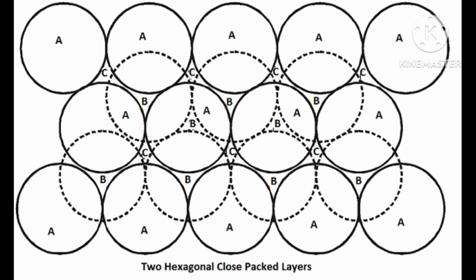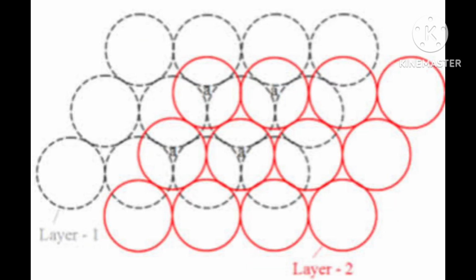Octa means 6. Octahedral means 6 spheres, 6 atoms. Then how will you understand these things? See, by diagram it is very difficult to understand. I will try to send the diagram, but it is not very helpful, though we have to see the diagram for that purpose. But for understanding purposes, now I am telling you.